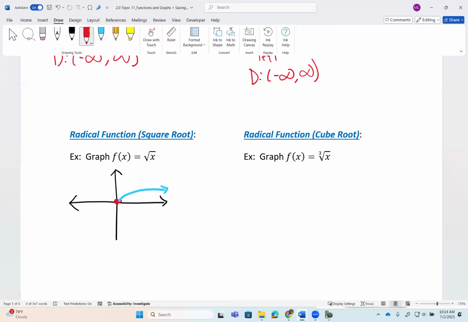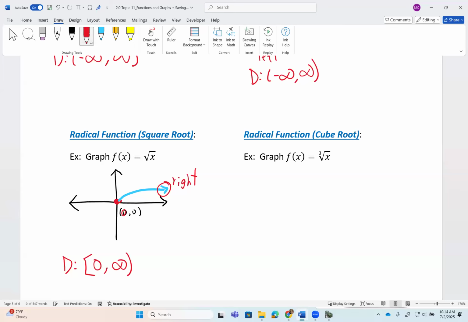So for this particular example, I'm starting at the origin. My domain, my x value, starts at 0. Origin is where the x value and the y value are 0, 0. So my domain starts at 0, using a bracket because it's part of the point, all the way to the right, to positive infinity.